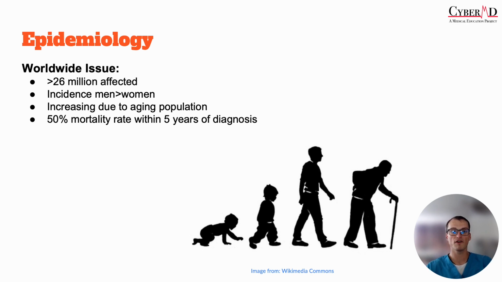The prevalence of heart failure is expected to rise due to the aging population and improvements in the management of conditions that lead to heart failure, such as a myocardial infarction or the coronary artery disease that we mentioned earlier. Despite advances in treatment, heart failure still carries a really high mortality rate, with about half of individuals diagnosed with heart failure actually dying within 5 years of their diagnosis.